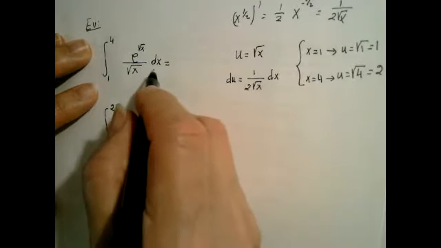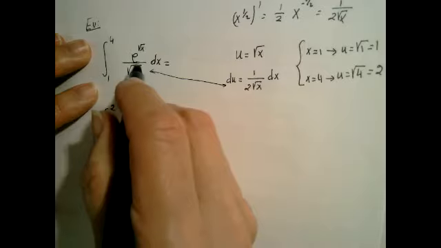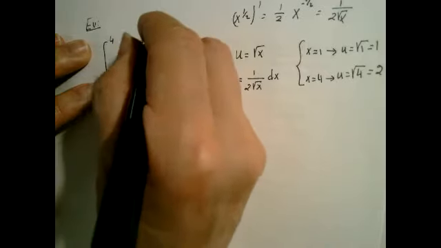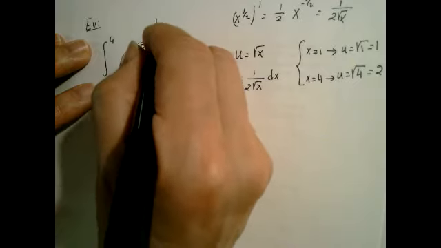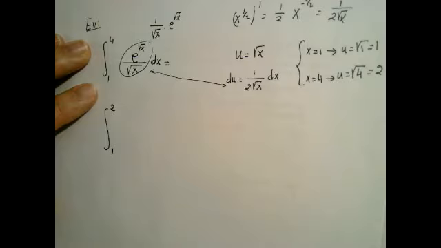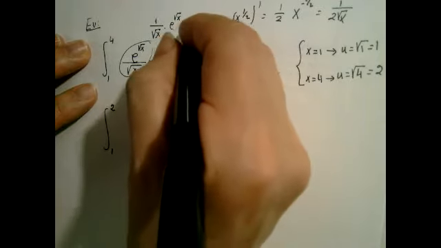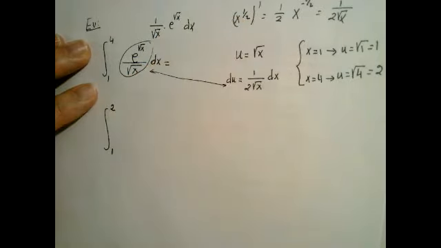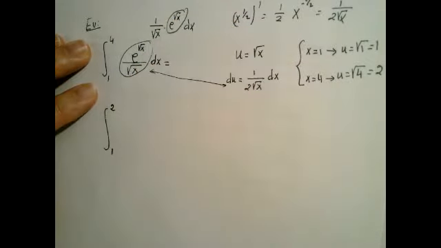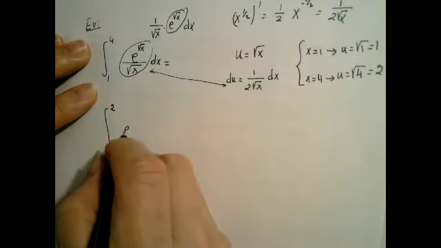Now, as I said, we always watch what's really going on. So this one is basically 1 over root x times e to the root x. So we can write it like that to make the substitution easy. So that's what I have inside. What's going to be in terms of u? E to the root x is e to the u.